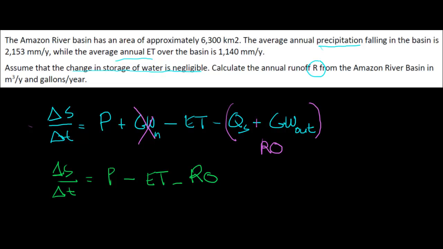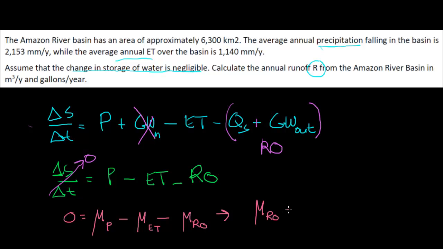In our particular case, this is zero, so we can write that 0 equals the volume per time input of precipitation minus the volume per time output of evapotranspiration minus the volume per time output due to runoff. And we can solve that for runoff real simply: the runoff is equal to the difference between precipitation and evapotranspiration. So we're really almost there.